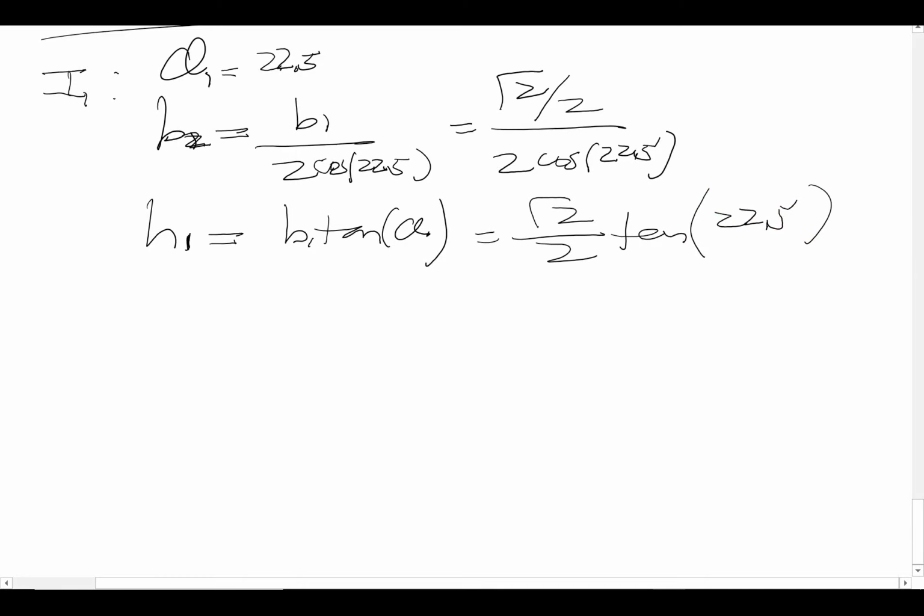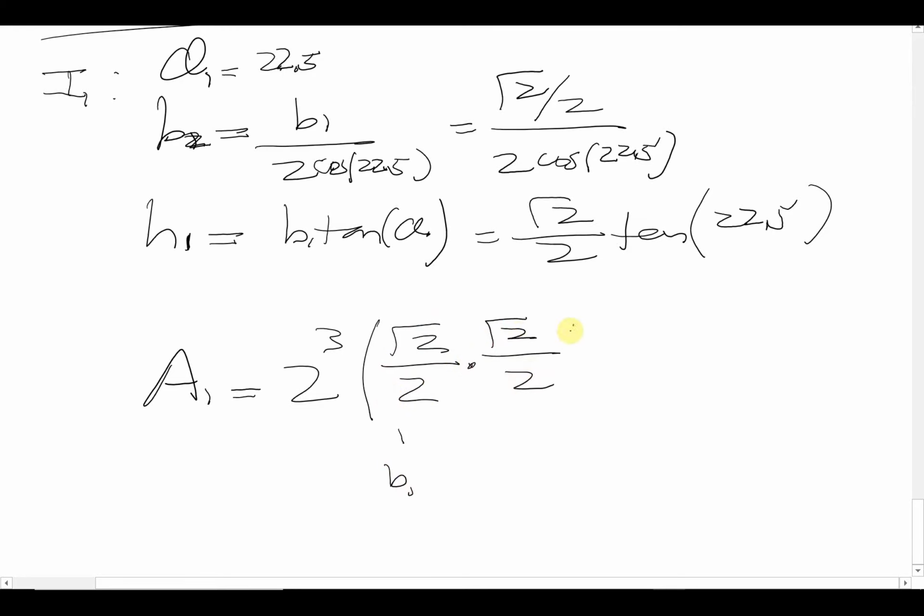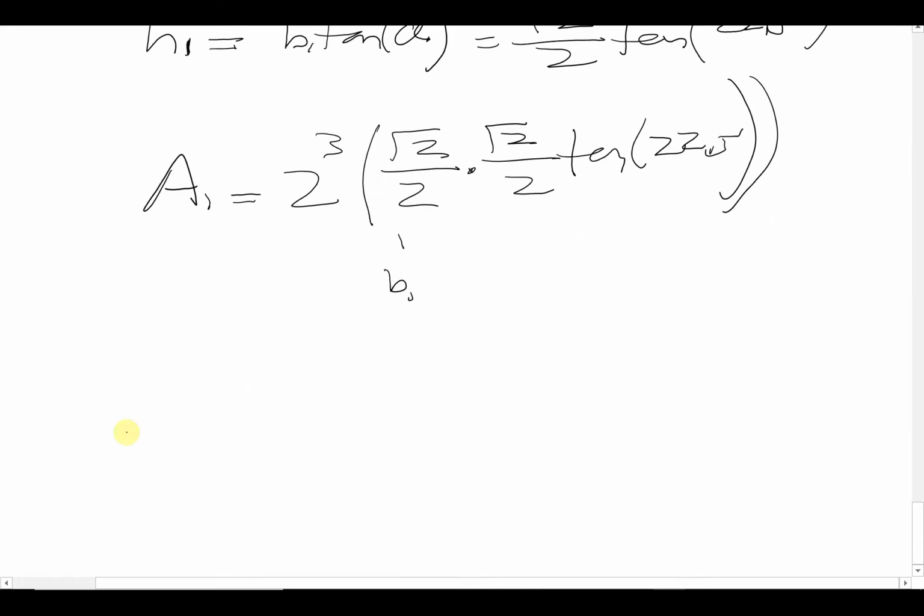So we have the iterated formula, so we know that area 1, we're doing 2 to the 3 power times, in this case, root 2 over 2, because that's just B1, and times H1, which is root 2 over 2 tan 22.5, and basically that will give us A1.